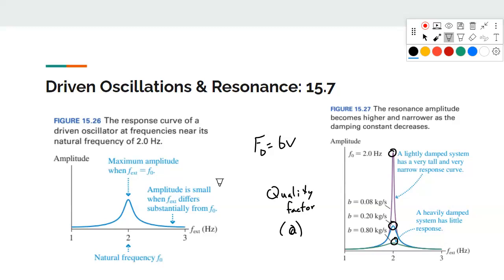So when the wind happens to blow at that perfect frequency, your building's going to shake like crazy and fall down. Whereas if you have a system that has a lot of friction, but maybe not enough to just completely quiet these driving forces, then it's similarly a bit dangerous, because you don't have to hit exactly that resonant frequency. You can hit somewhere in this range and still have negative effects.